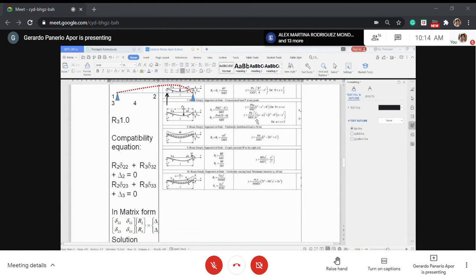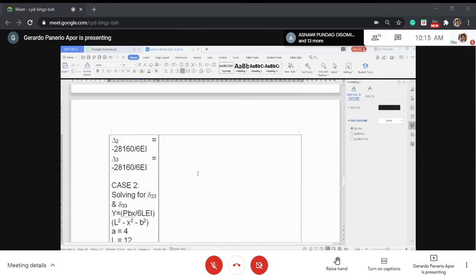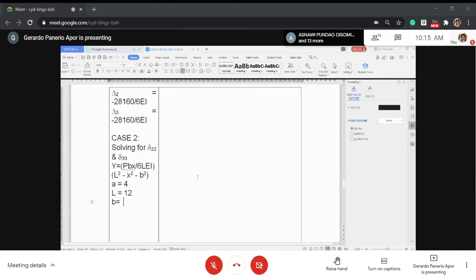B is 8. So we are solving for y, with 2 as a subscript, and small b.